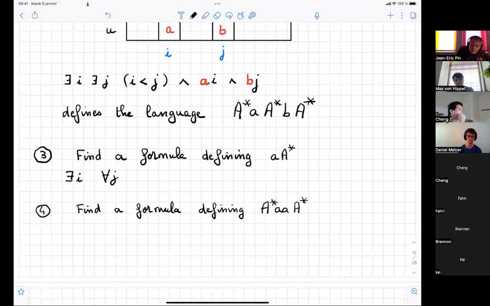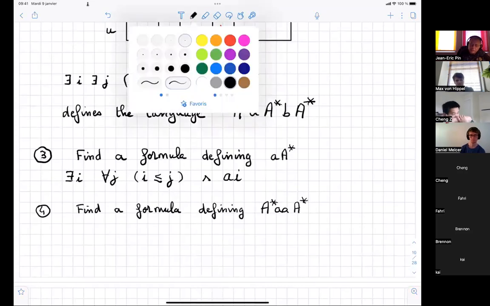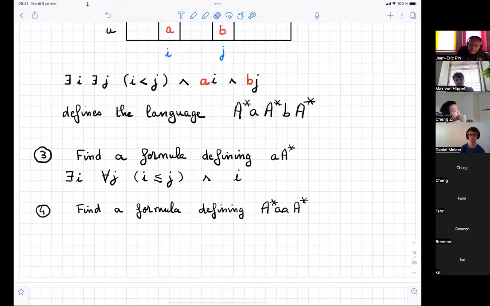That there exists an i such that for all j, i is smaller than, or let me write it this way, normally I should write smaller than or equal, but okay, let me allow this. And a(i), right? So examples 1 and 2 would be like the F or eventually formula in LTL, and example 3 would be like the X or next in LTL. Okay.